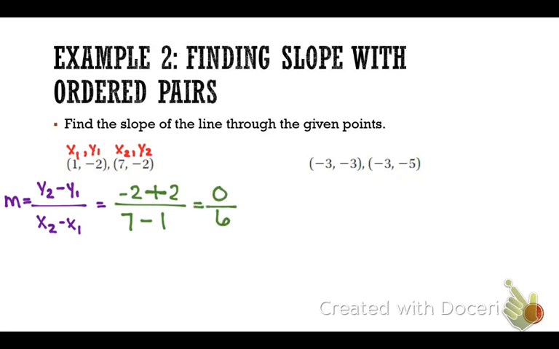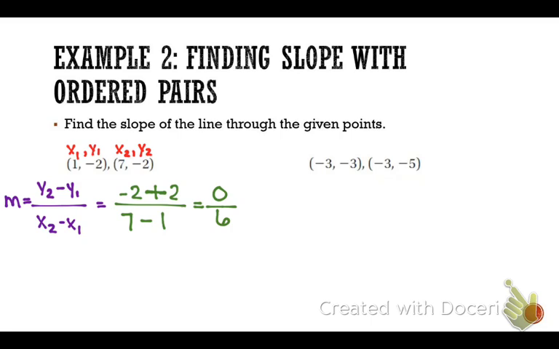0 over 6. Anytime, guys, I cannot stress this enough, anytime 0 is a part of your slope, this is not your final answer. I can only give you half credit on a test and no credit on a quiz. Because anytime 0 is in your slope, you have to recognize the placement of it is very important.